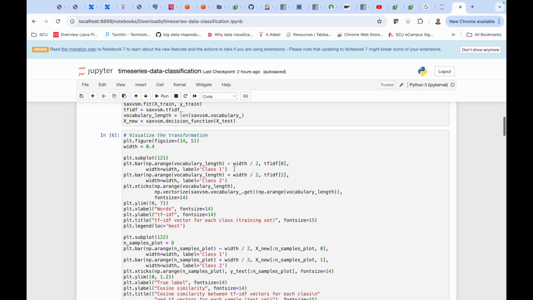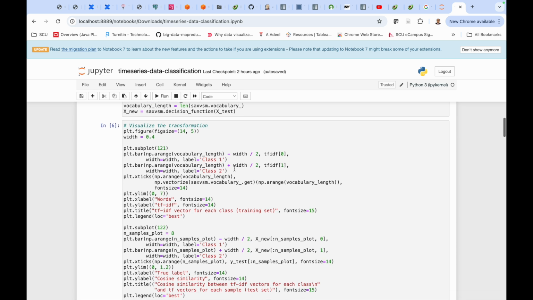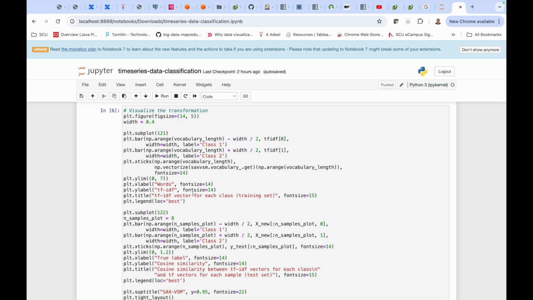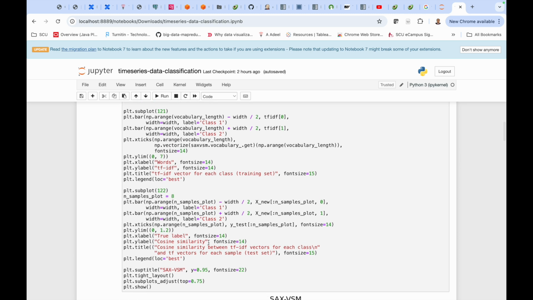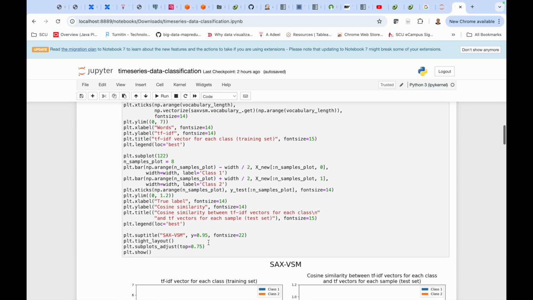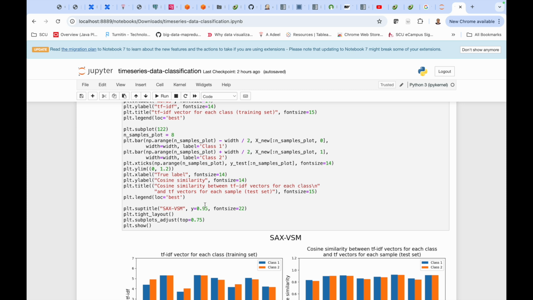After that, it is implemented using two classes, class 1 and class 2. We calculated the vectors for each class of the training set, then used that on the testing set, and then found the cosine similarity.